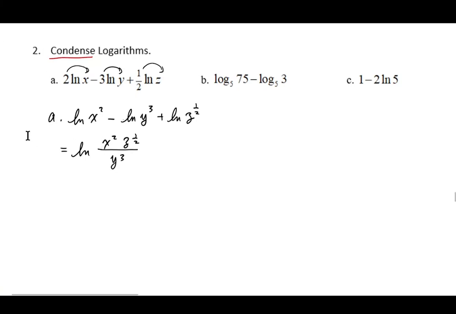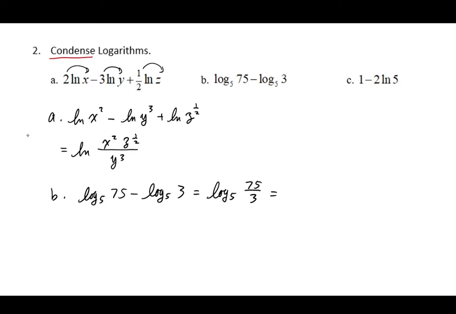Okay, now let's talk about B. Log base 5 of 75 minus log base 5 of 3. Well, first this is log base 5 of 75 over 3. Right? You with me?